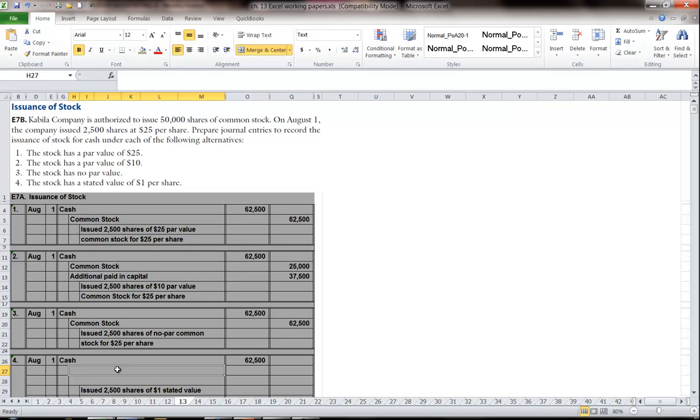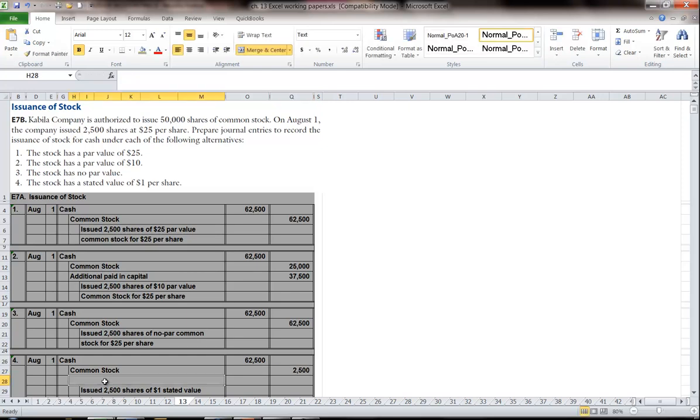But then the amount that goes to common stock will only be for the stated value amount. If there's no par value, but the board of directors gives a stated value, it's that stated value that must be used to calculate our legal capital amount. So common stock will be credited for $2,500 because we sold 2,500 shares times a stated value of $1.